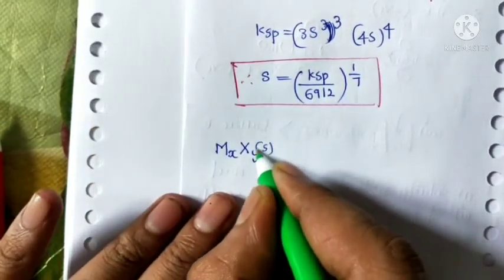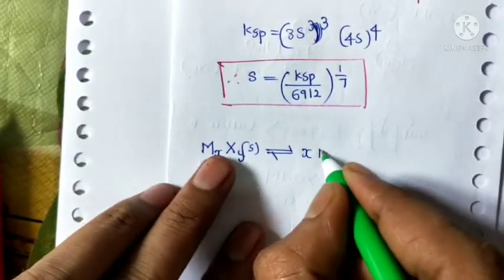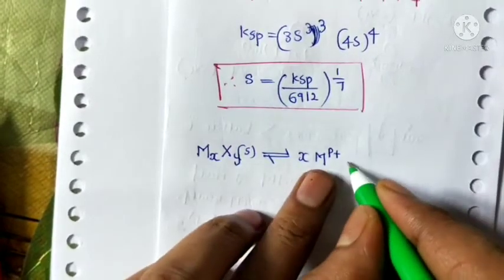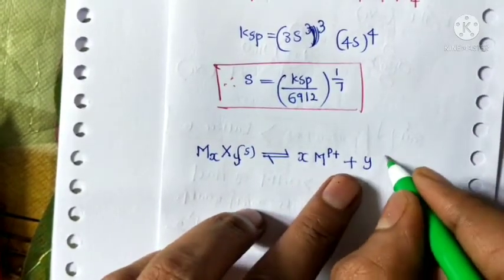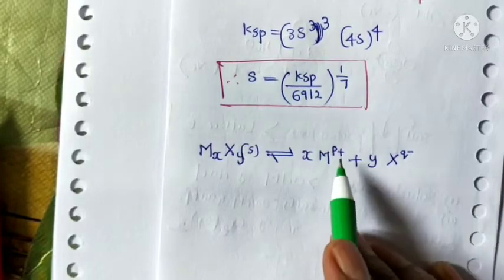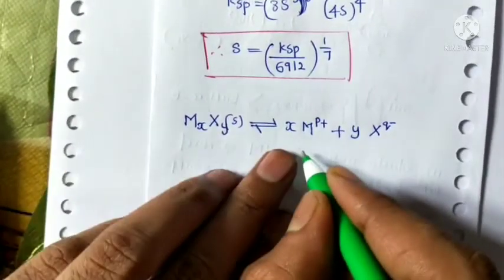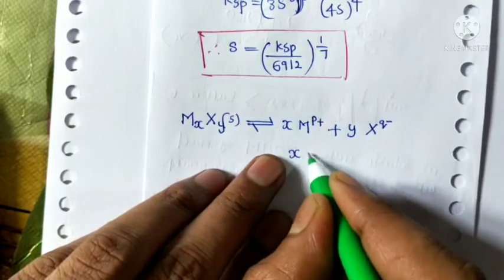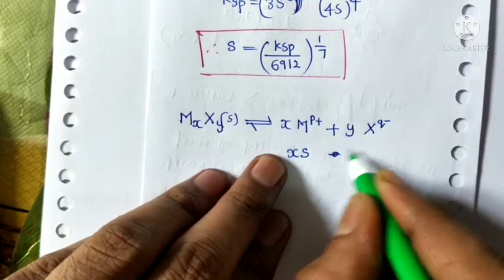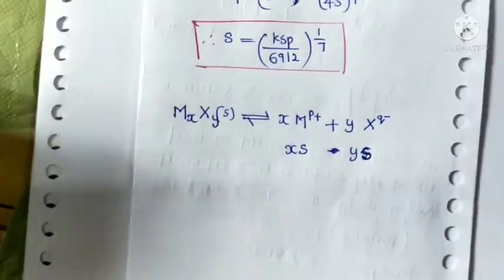It is a solid salt that dissociates into x moles of M p plus ions, that is cations, plus y moles of Q minus ions, anions, having a negative charge of -1, -2, -3, like this, and +1, +2, +3, +4 for the cations. So it dissociates into ions: xs and ys.